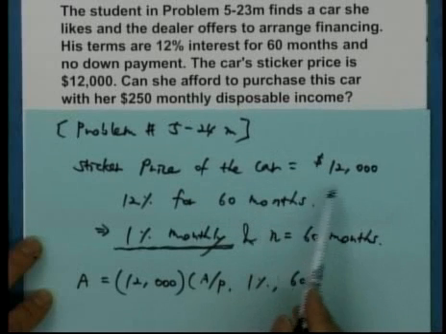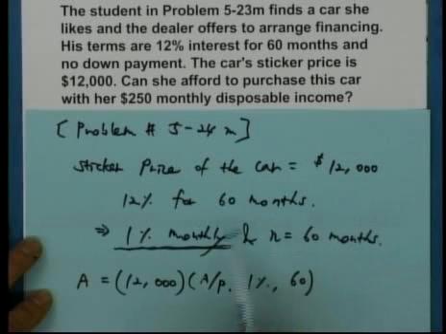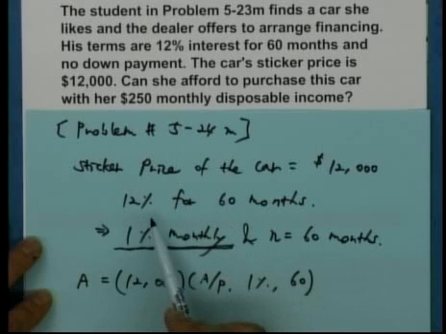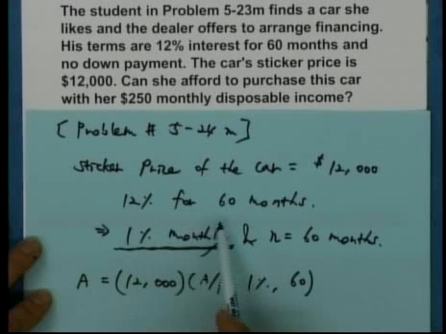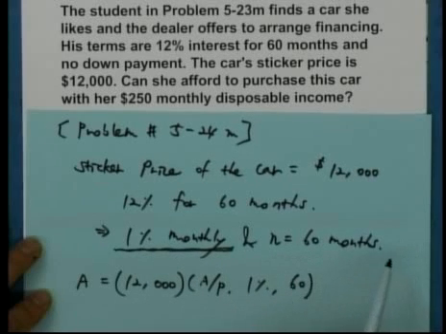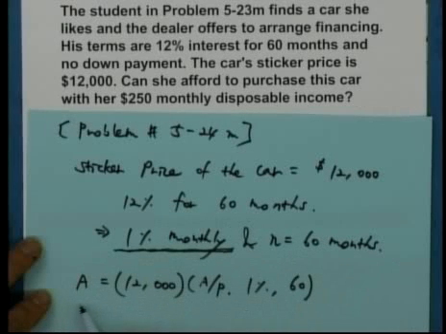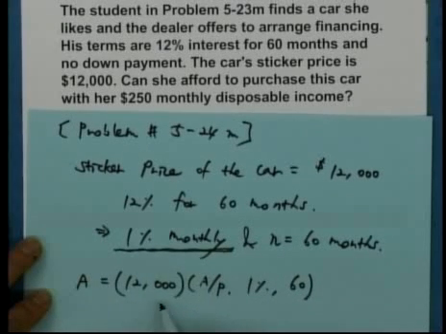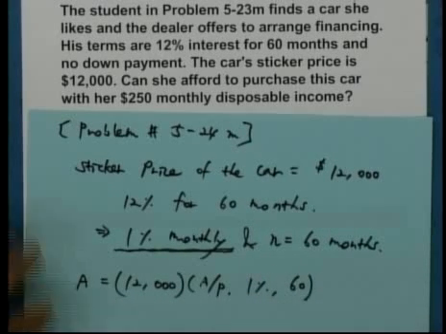So the sticker price is $12,000 and the dealer offers 12% interest rate for the next 60 months. So the interest rate is 1% monthly for the next 60 months. And in such case, her monthly payment can be obtained by $12,000 times A given P, 1% over 60 periods. Yeah, that looks okay to me.